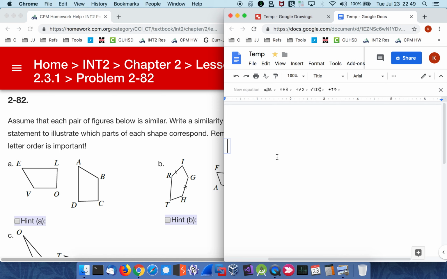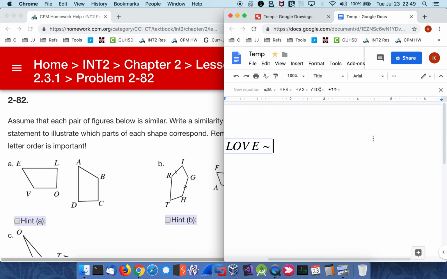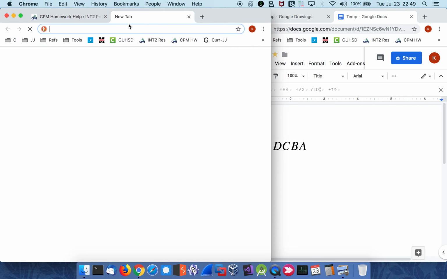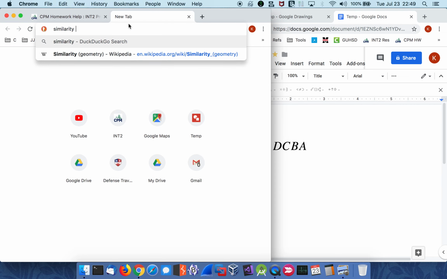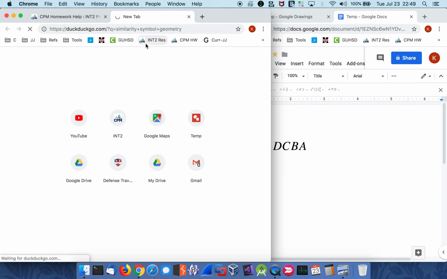Okay, so we could write LOVE is similar to, where's the similar symbol? There it is. Similar to DCBA. There we go. So that's one way to write it. Let me just make sure I've got the right similarity symbol for you there.